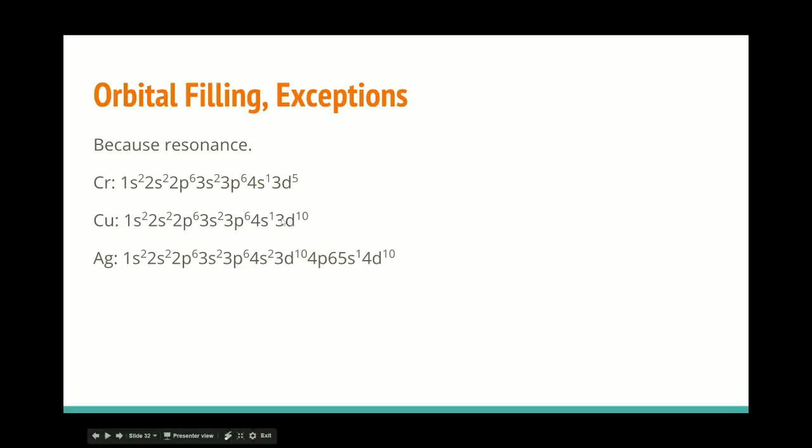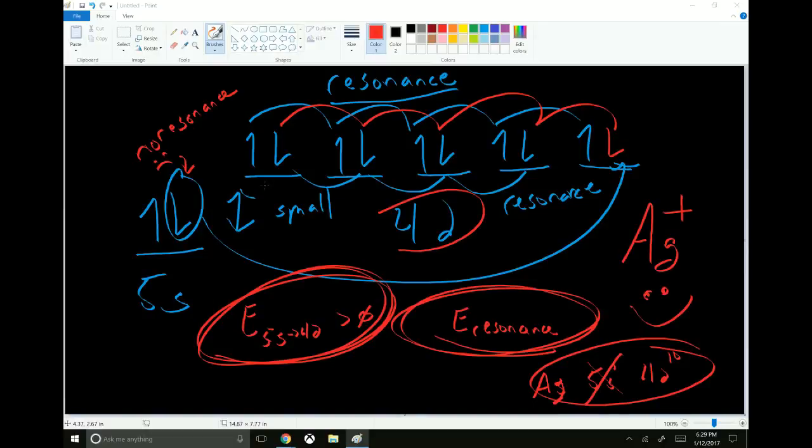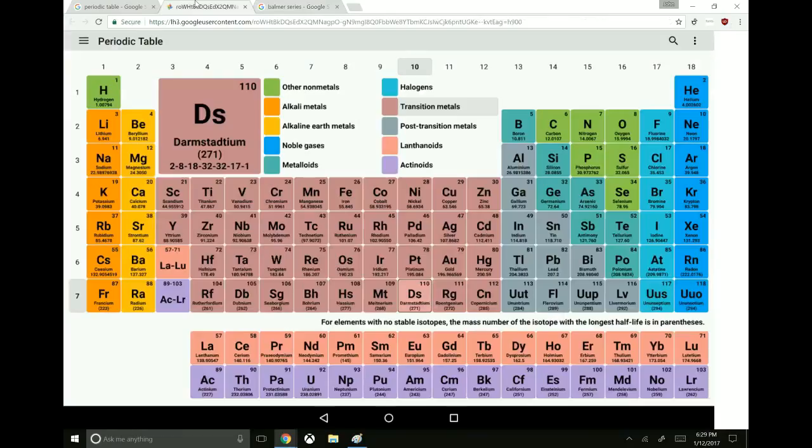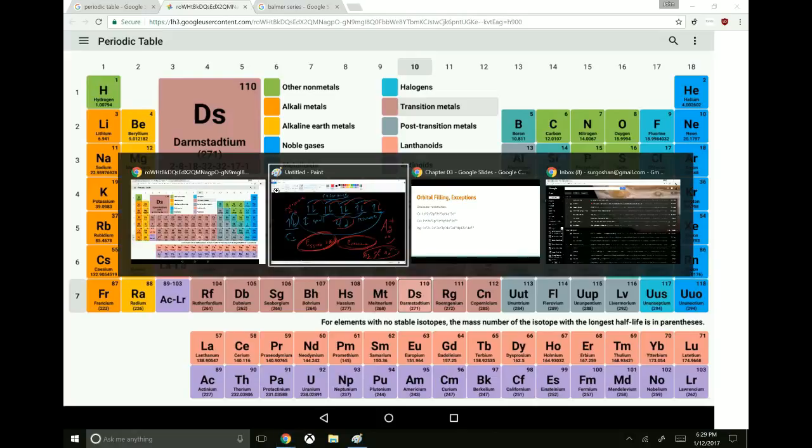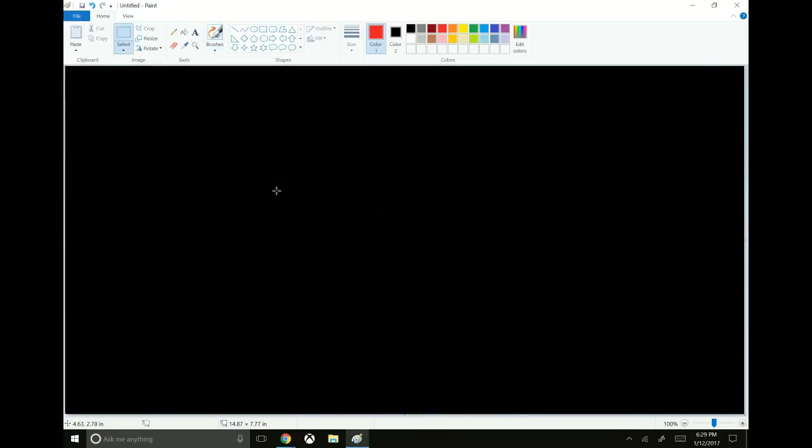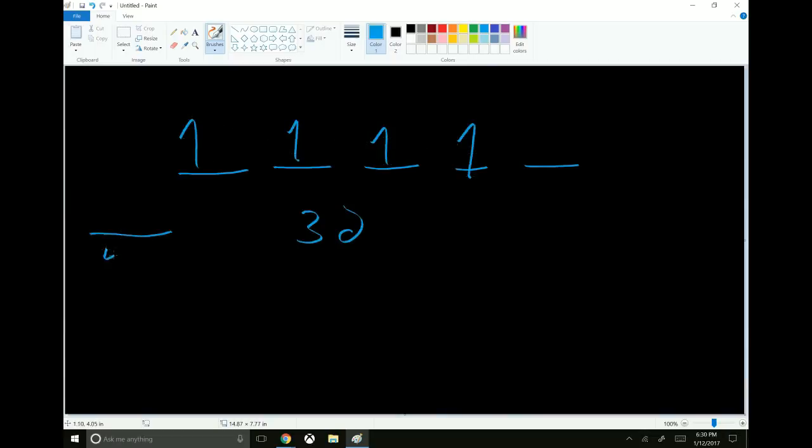Okay. Whereas for chromium, if you look back at the periodic table, okay, chromium is 4d4. So we clear off this. 3d. 1, 2, 3, 4, and it has 4s, 1 and 2.